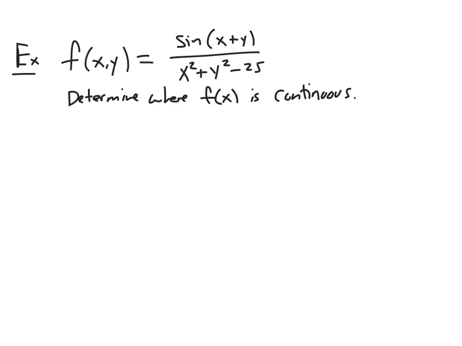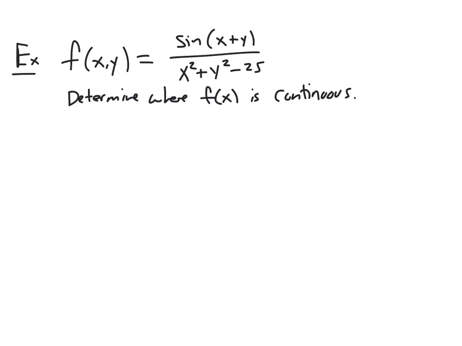If we look through all of our various rules, in the numerator we don't have any problems. x plus y is a polynomial, so it's continuous. Sine is a function that we know is always continuous, so the sine of x plus y is a composition, and that is also continuous. So the numerator is continuous everywhere. So is the denominator, because it is a polynomial, x squared plus y squared minus 25.